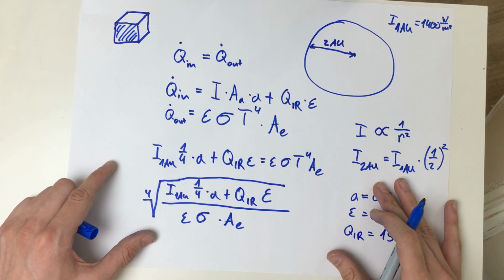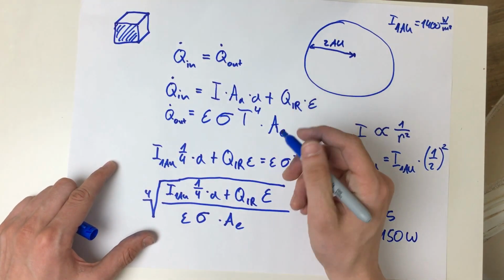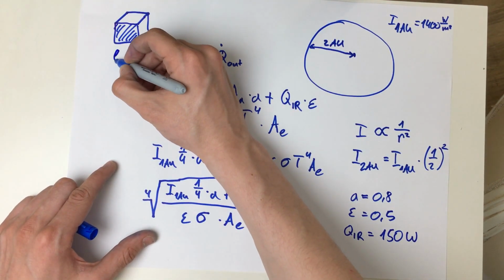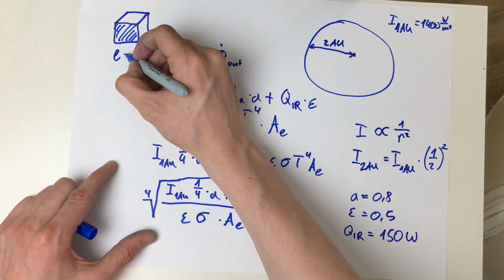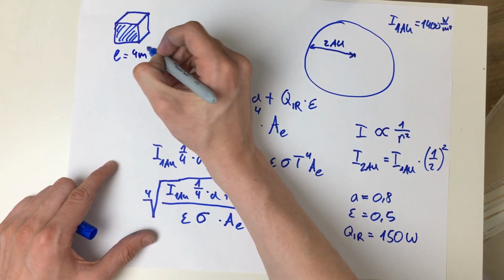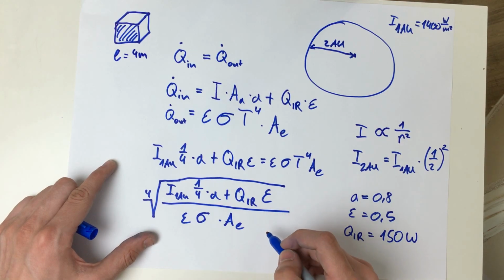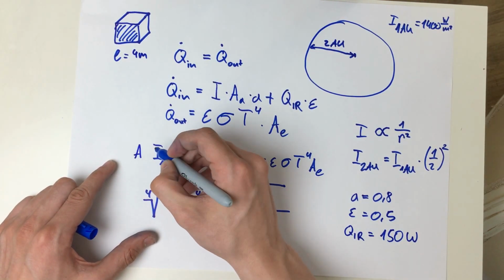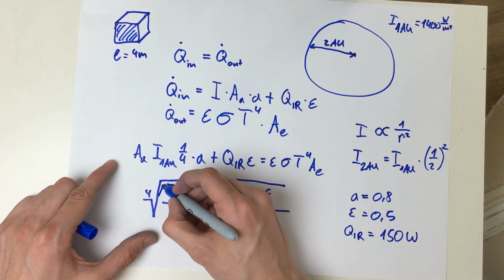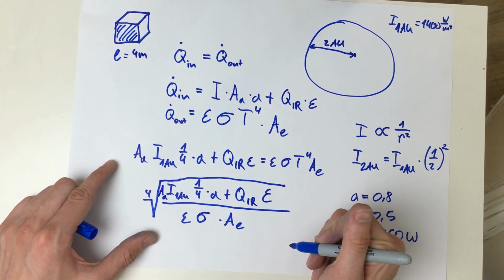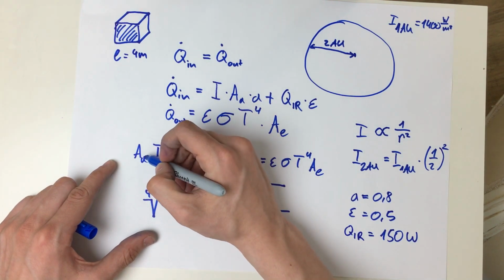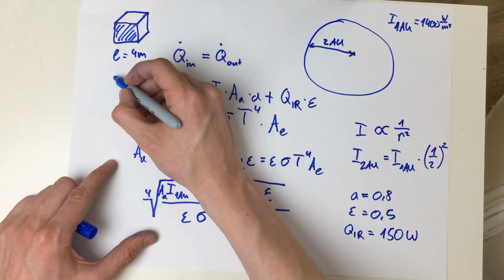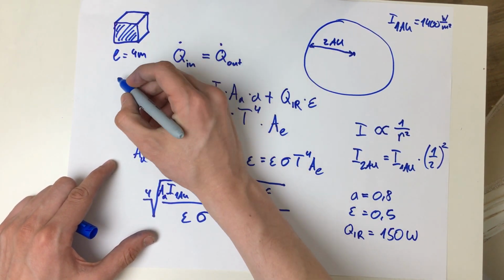And now what is remaining? We need to know the area here. The length of one of these sides is going to be 4 meters. I think I forgot this area here. The area of absorption is only going to be one side, so that's 4 squared, which is 16.